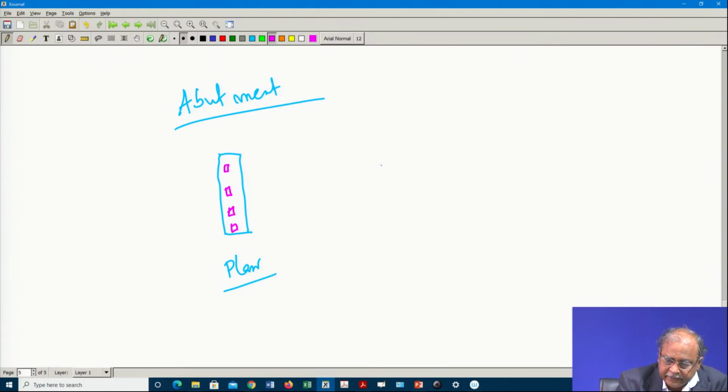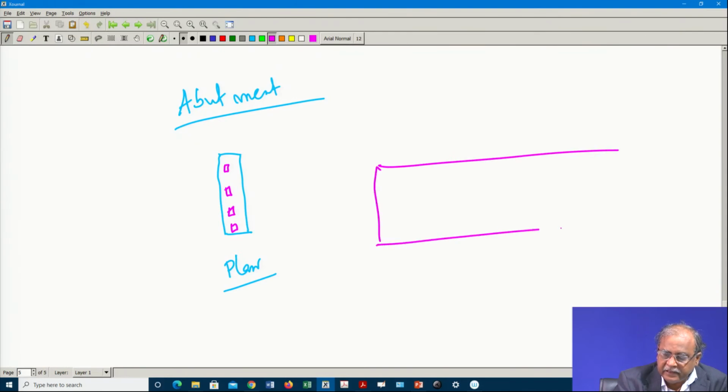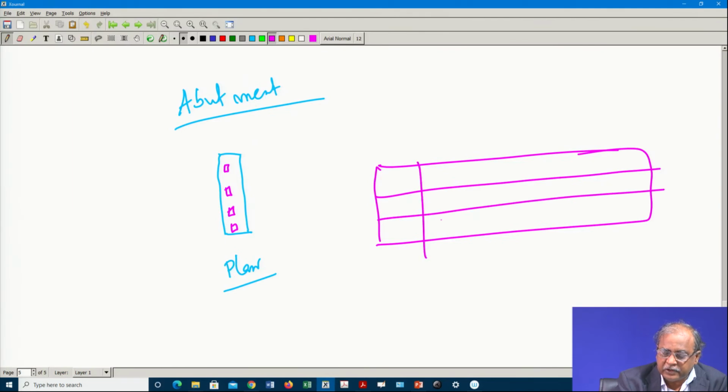Now, if you say that for a building, there is a thumb rule, without going for any calculation, lateral load, all those things.